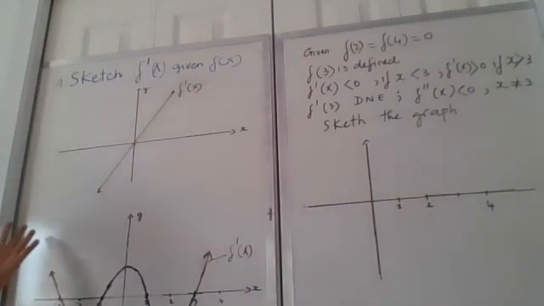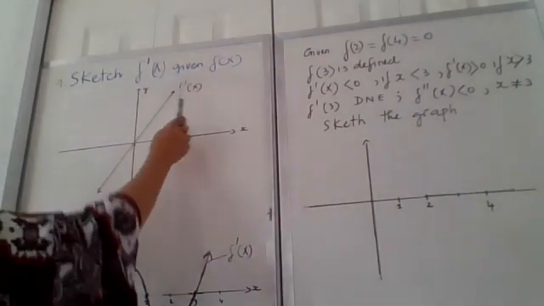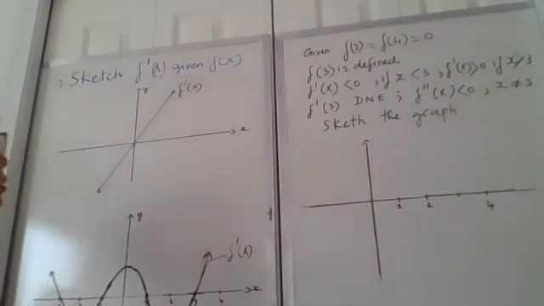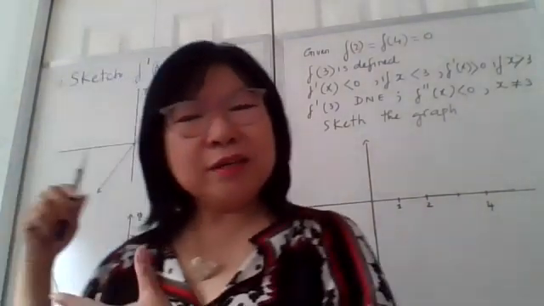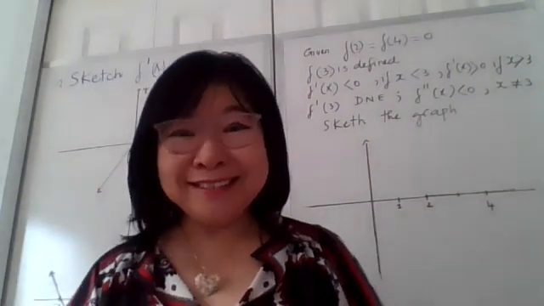Do you remember what kind of graph we're supposed to sketch? The derivative is the slope, right? So what if the slope of my function is this? What is my function? What is my graph? You kind of wonder what kind of shape that is, right?